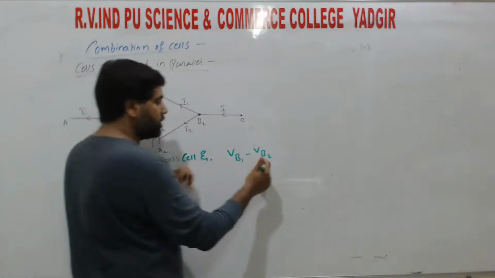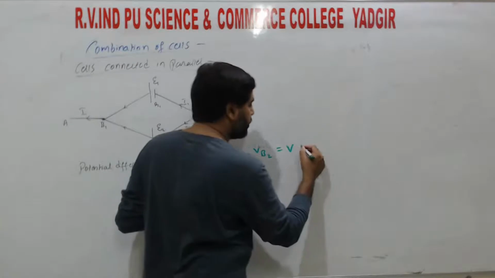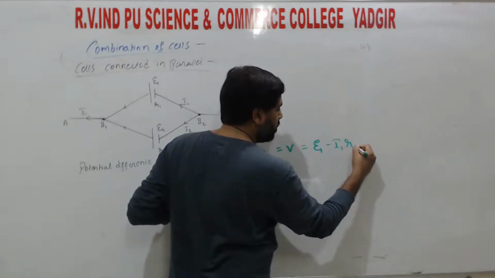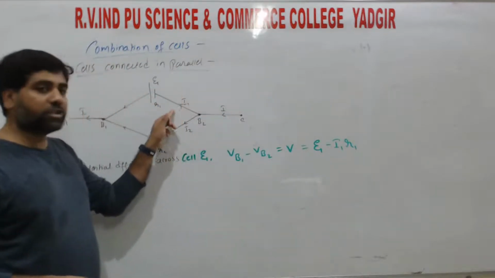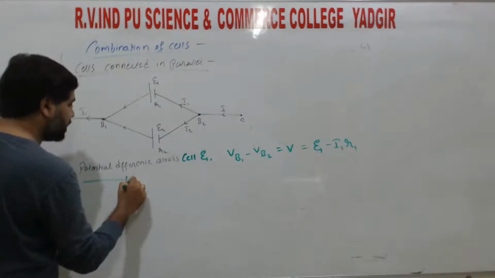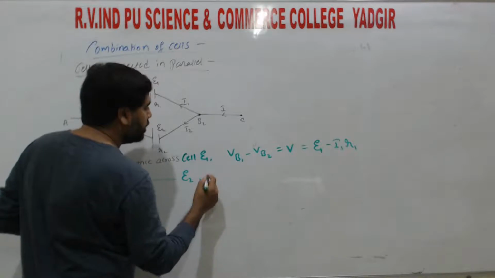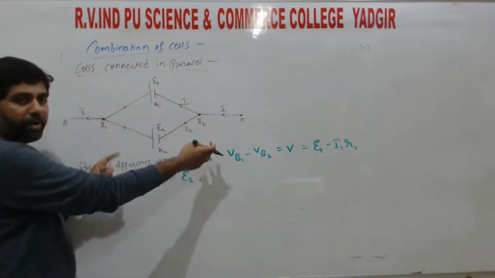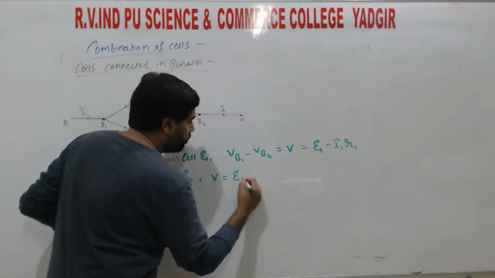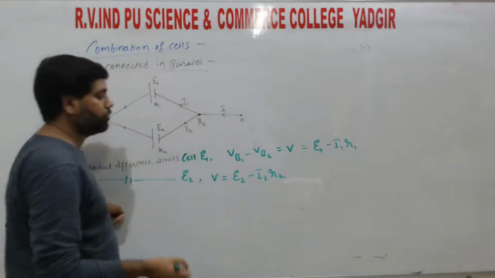We take this as the common potential V. From the definition, V equals E1 minus I1 R1, because I1 is the current flowing in the first cell. Similarly, the potential difference across cell E2, the same potential VB1, VB2, is V equals E2 minus I2 R2.